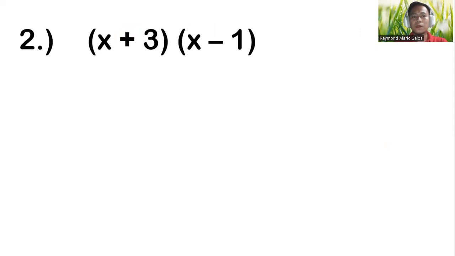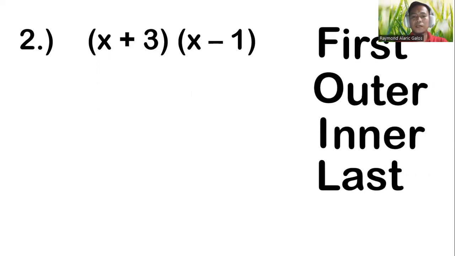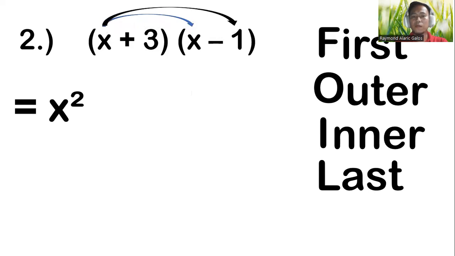Example 2. Quantity x plus 3 times the quantity x minus 1. This time we are going to use the FOIL method, or the first, outer, inner, last. So let's start. x times x, or the first terms, will get x squared. Outer terms, x times negative 1, will have negative x.